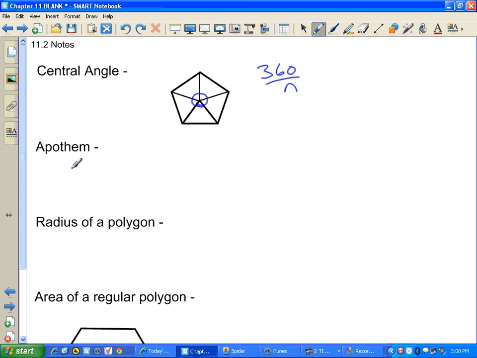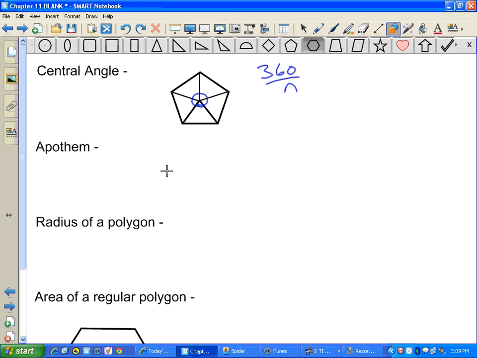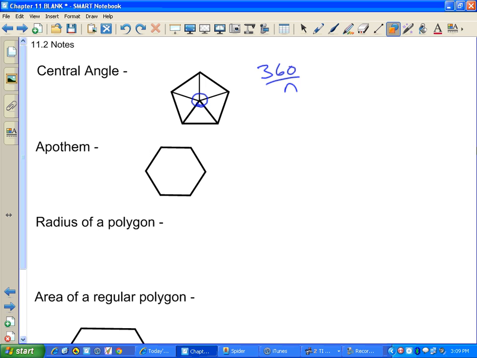Okay, this is a new word for us, apothem. The apothem is similar to an altitude. It's going to be an altitude of one of the triangles that's made when you form all your central angles. So an apothem goes from the center and is perpendicular. It is a perpendicular bisector of one of the sides.